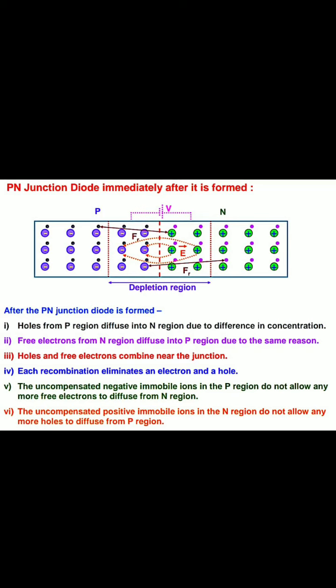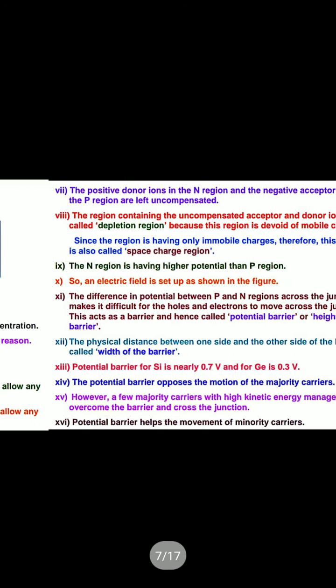That means if three holes are diffused from P to N side, and three electrons are diffused from N to P side, these are eliminated. So only the immobile charges are left. The uncompensated negative immobile ions in the P region do not allow any more free electrons to diffuse from the N region, and the same for the P region also.